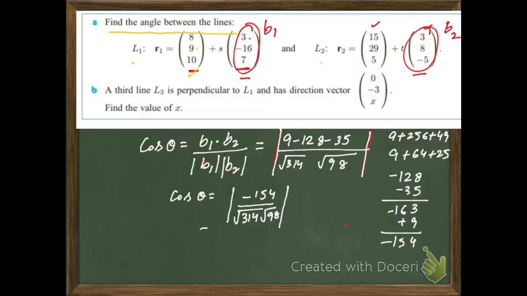They are not playing any role in determining the angle, so just leave them. We will focus on the b1 vector and b2 vector, because b1 vector is parallel to my first line, and b2 vector is parallel to my second line.